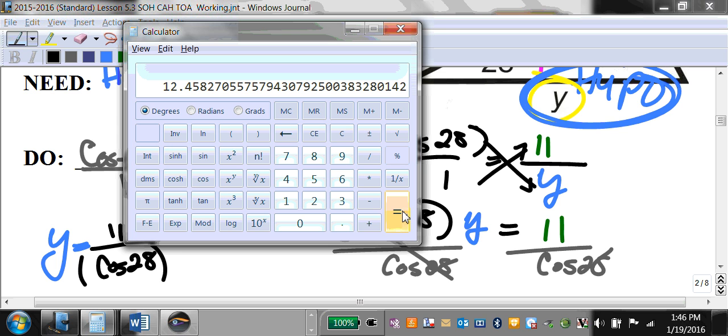Okay, you are going to be 11 divided by 28. Enter.